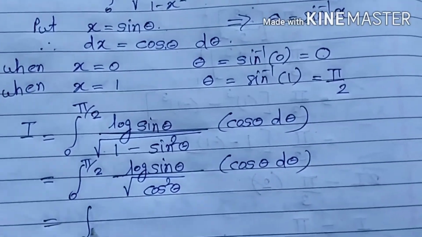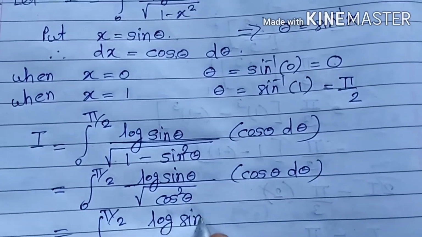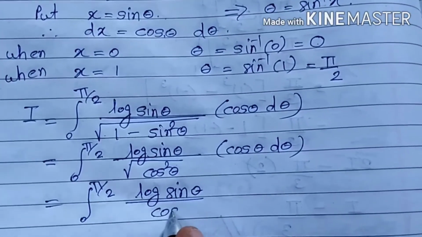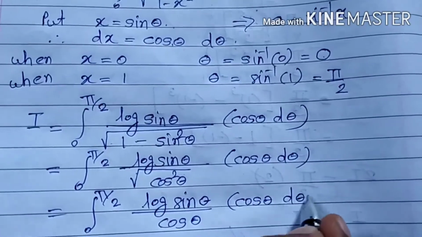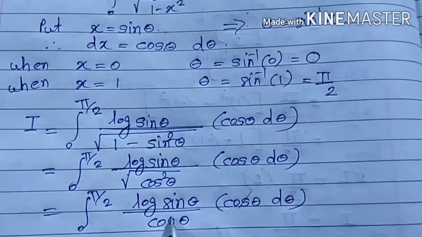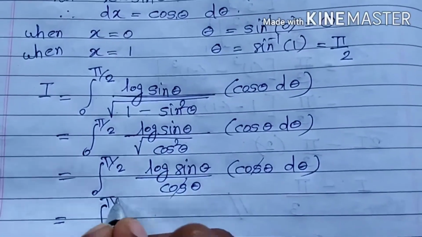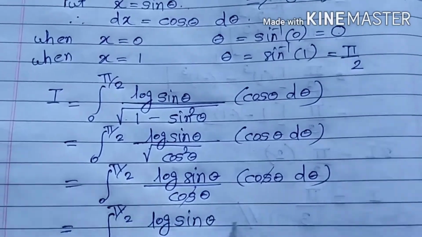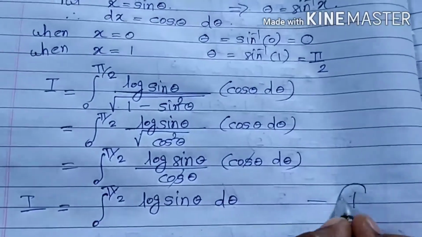The square and square root get cancelled, so it is cos theta. Now you can observe that this cos theta gets cancelled, so only remaining the integral from 0 to pi by 2 of log of sin theta d theta. Now this is I and this is equation first.